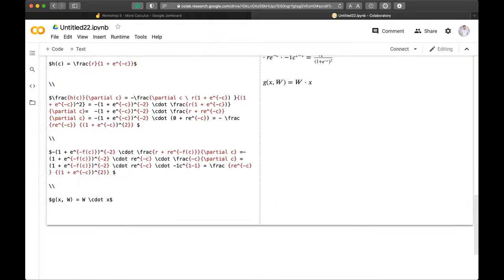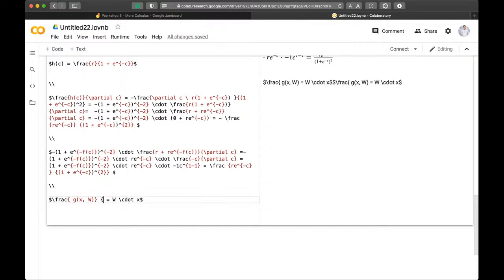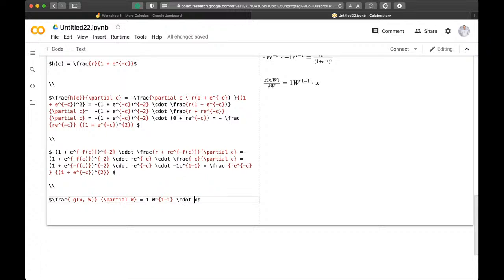But here this is the very simple, dumb part. We just take the derivative of this fraction with regards to partial W. Here what we get, again writing it in a dumb way, is minus 1 times 1, and this guy is just a constant that is multiplied, so we leave it.